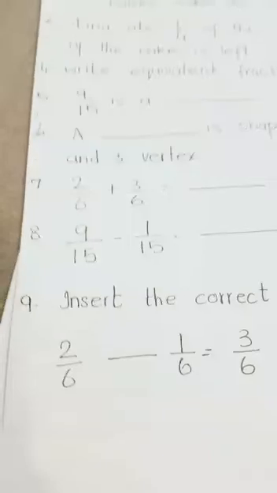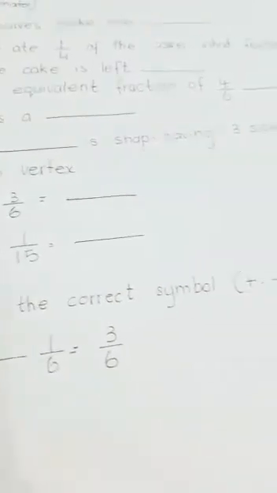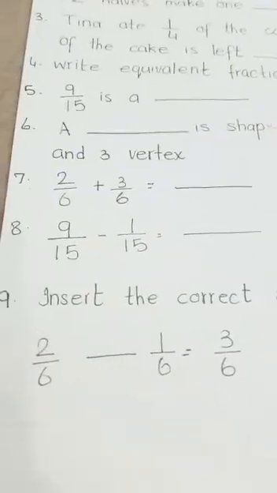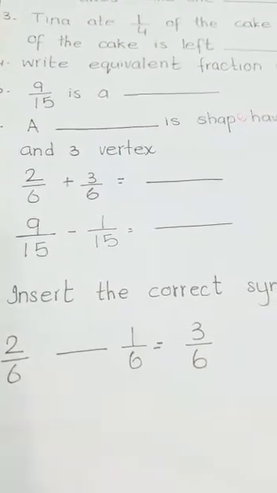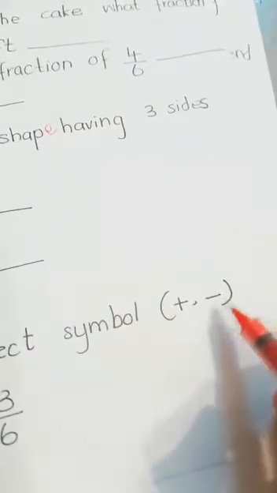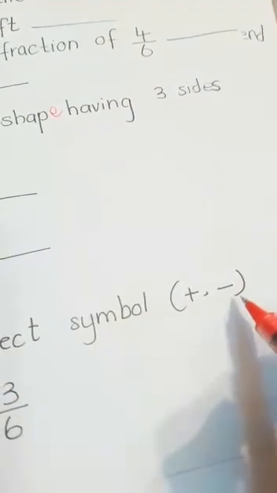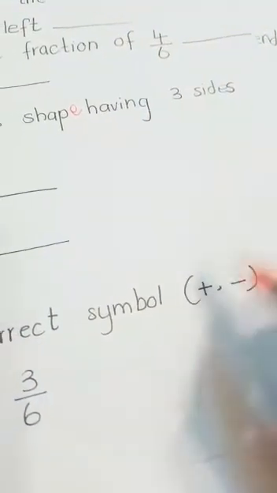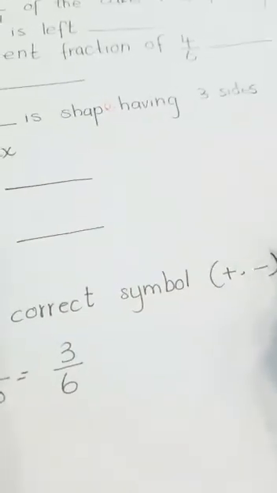Okay, let's go to question number 9. Insert the correct symbol, plus or minus. The value is 2/6. You have to add the operation. These are called operations: plus, minus, multiplication, division sign, percentage. These all are actually called number operations.